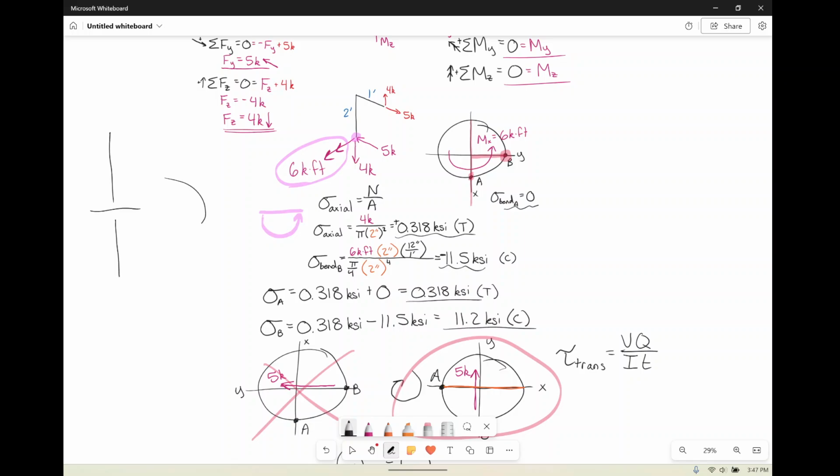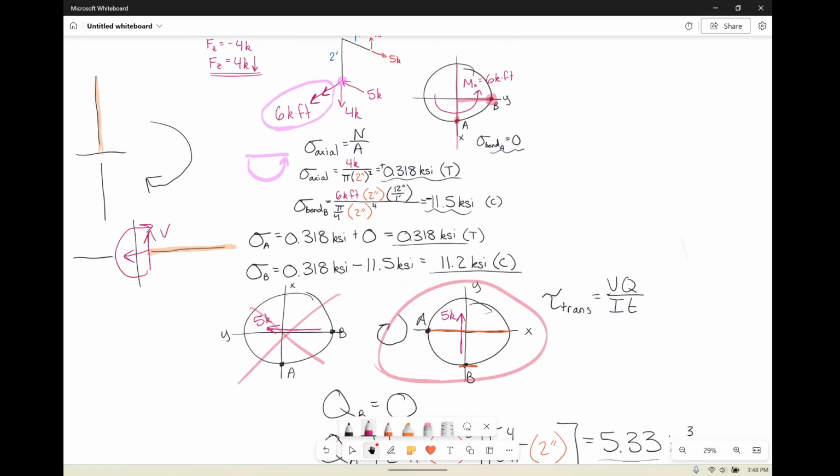But if I just rotate this horizontally, we're looking at this guy. And remember when we were drawing our shears, on this side, it's up, out, and around. So our shear is actually positive across this face.